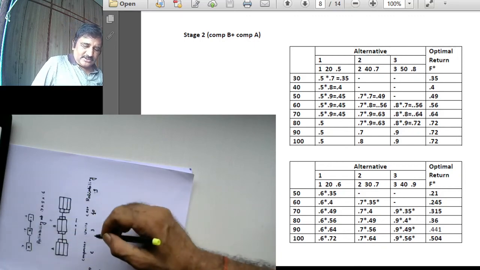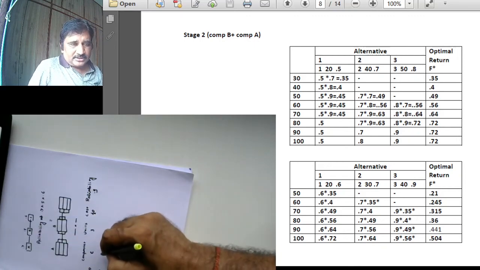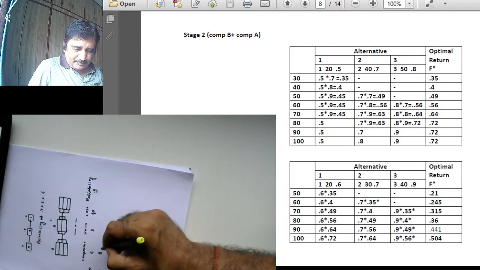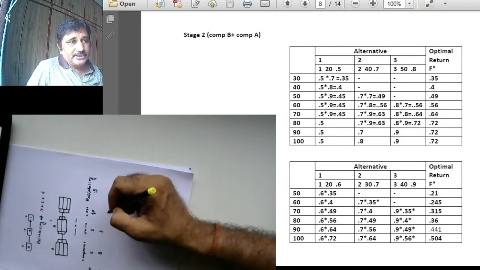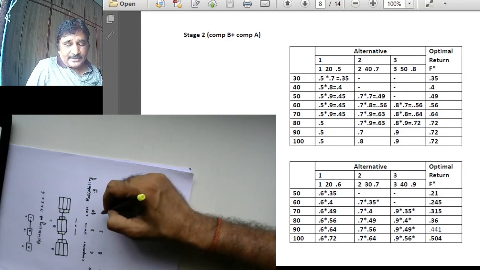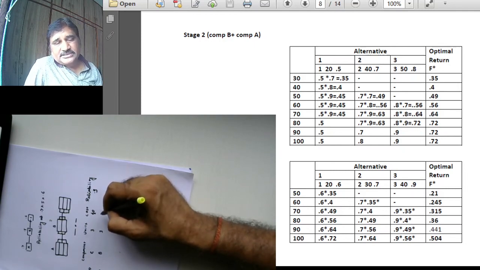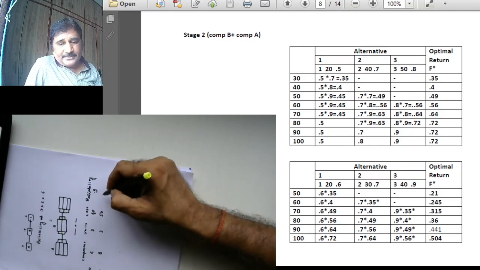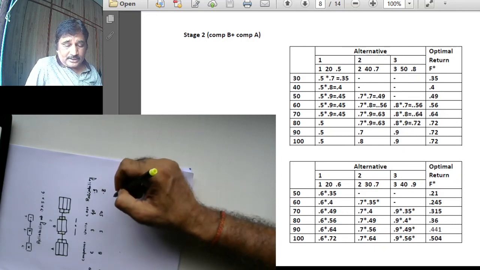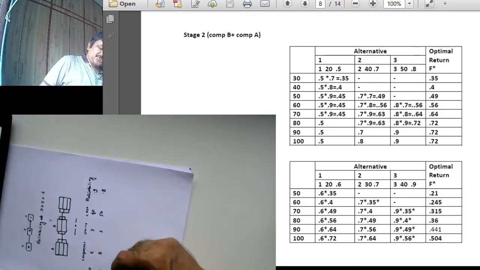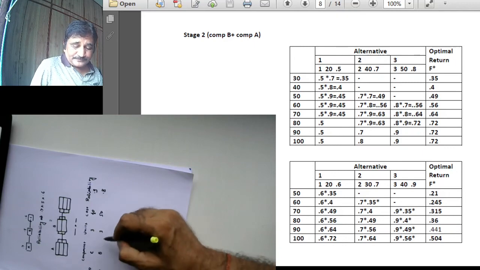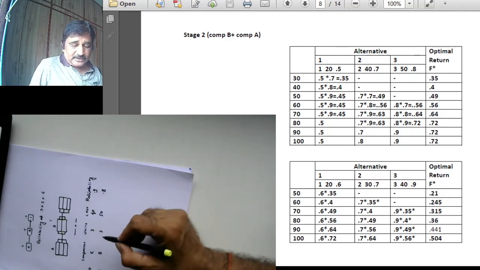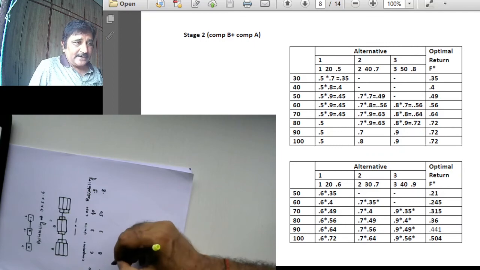So I'll be choosing the third alternative, which for component B stands for using 3 units. The cost of that is rupees 50, and the reliability is 0.8. Now out of 60 rupees I have consumed 50. I am left with 10.